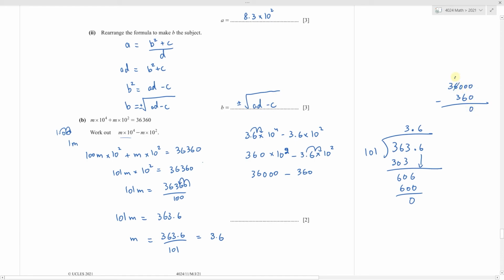Now I have to carry 5. This will be 9 and this will be 10. So 10 minus 6 is 4, 9 minus 3 is 6, 5 as it is, and 3 as it is. So 36,000 minus 360 will be 35,640. So this will be your final answer.